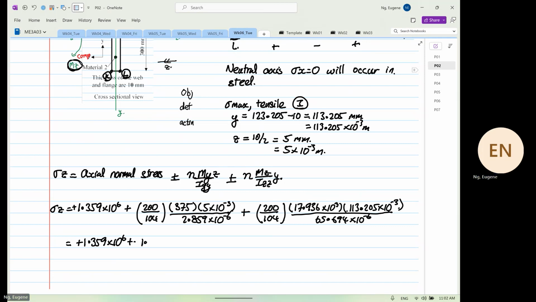1.261 times 10 to the power 6 plus 200 divided by 104 times 17.936 times 59.438.